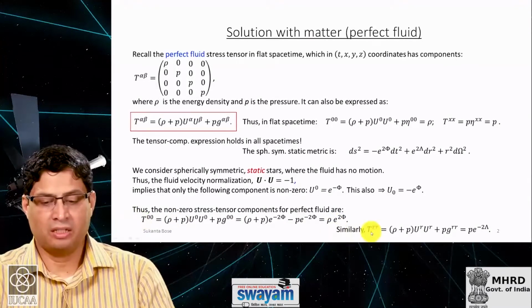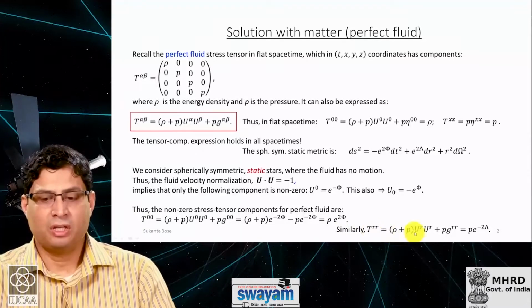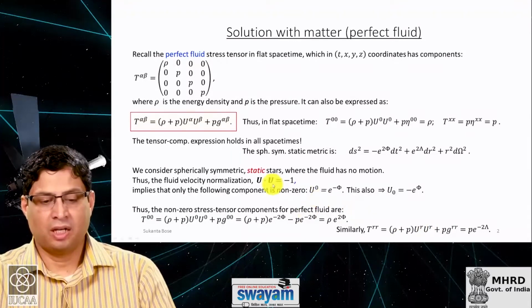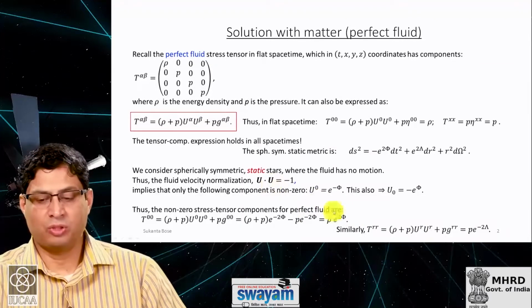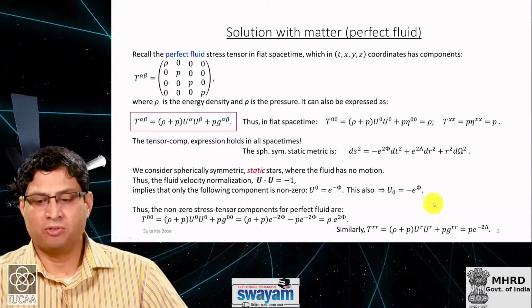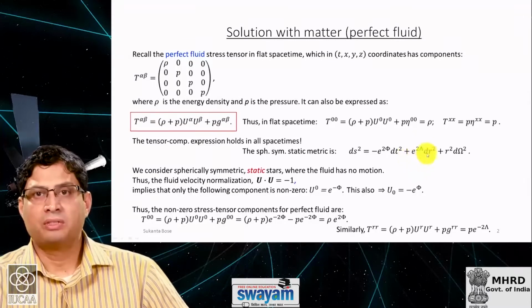Similarly, you can compute the space component. So, T^rr will be (rho plus p) u^r u^r plus p g^rr, and because this is static, u once again does not have any spatial component. So, u^r is 0, and that tells you that g^rr is the only remaining interesting piece, and that will be the inverse of this component here.